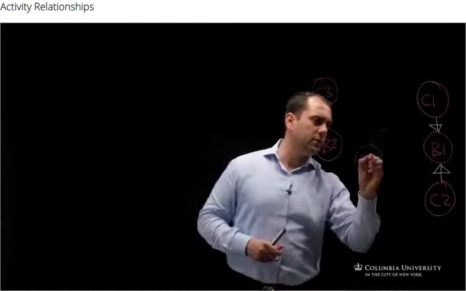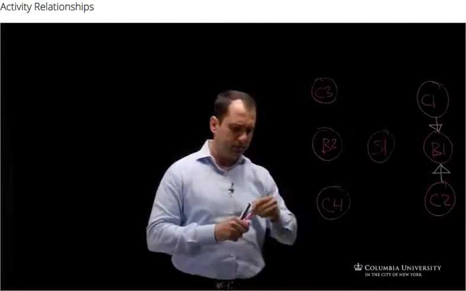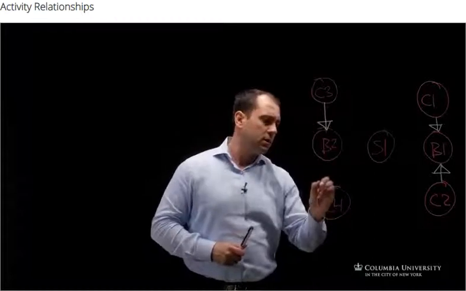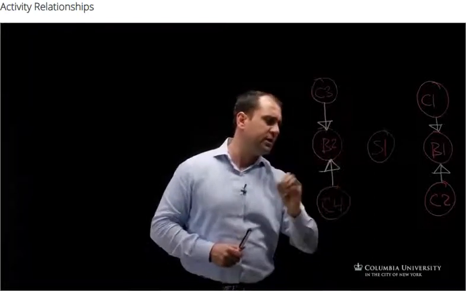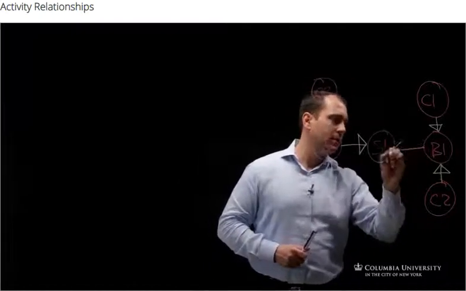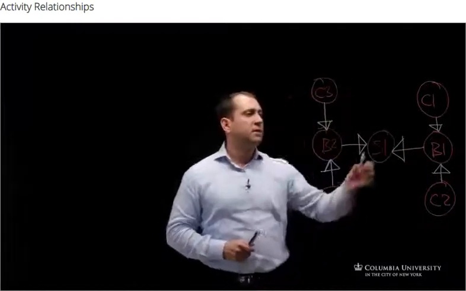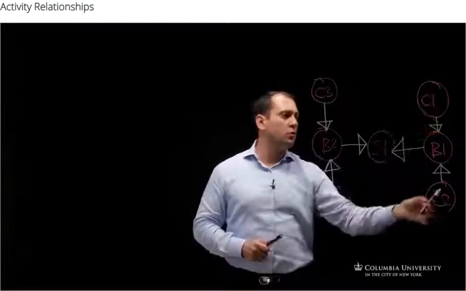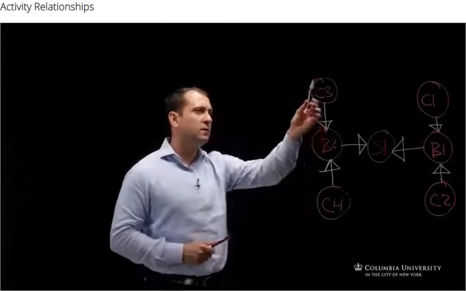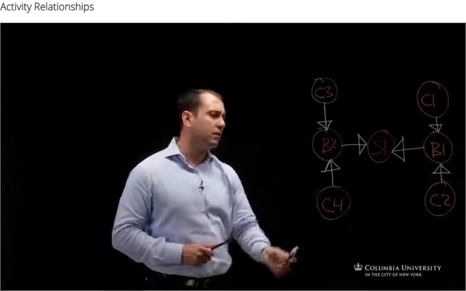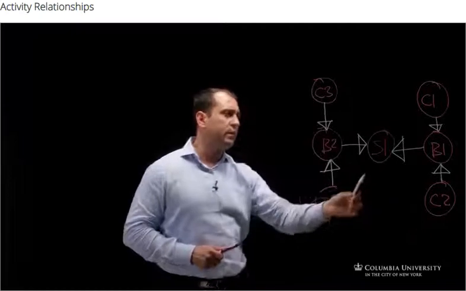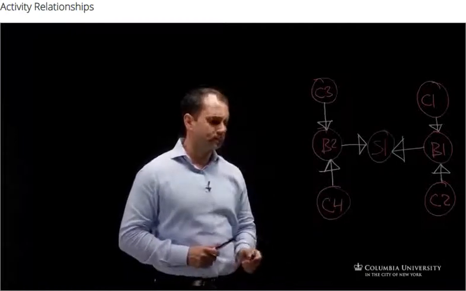And we have here slab number 1. And the relation, as we extend, is also a pure physical, technical relationship, which highlights that we finish column 1 and column 2, and then we build B1 or beam number 1, and then we build column 3, column 4, and beam number 2. Once these two beams are available, we can build slab number 1.